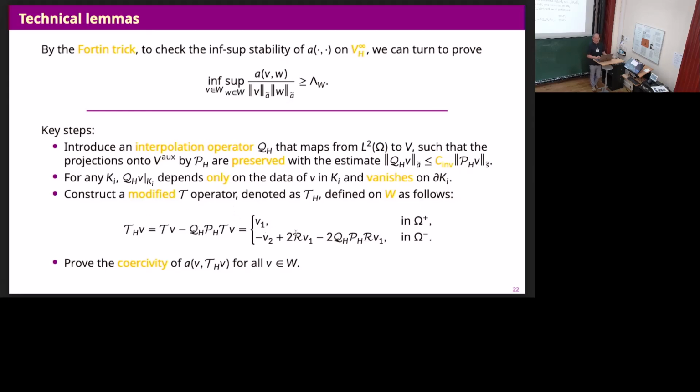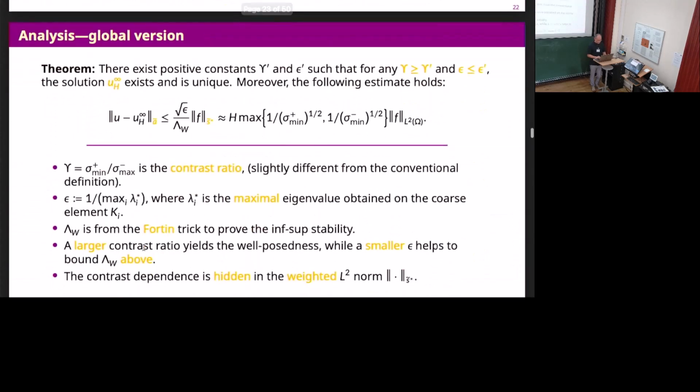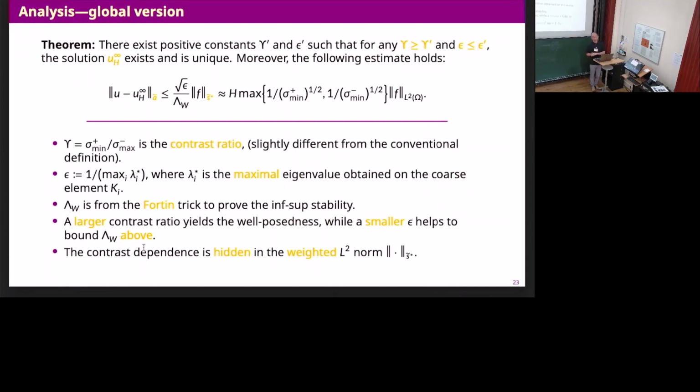And one of the main steps is that we have to modify this T operator in the T-coercivity theory, and then make use of this modified operator T to show the T-coercivity. Maybe I won't go into too much detail. And then combining all the previous results, for the global solution, this U is the original solution, and this U infinity is the solution that we obtain by using the space V infinity. Okay?